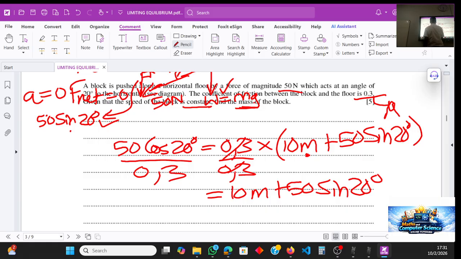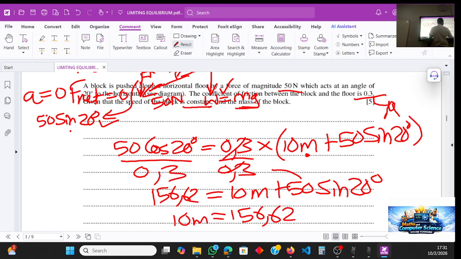All this is equal to 156.62. But I'm interested in m, so I'm going to transpose 50 sine 20 to the other side. So I'll overall have 10m being equal to 156.62 minus 50 sine 20 degrees.